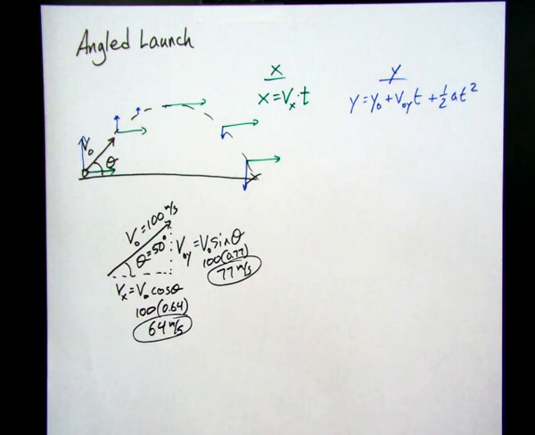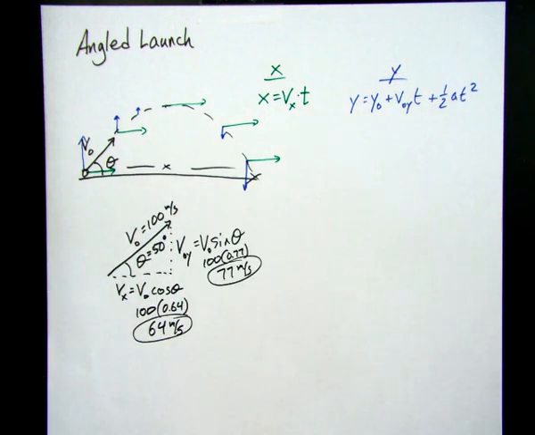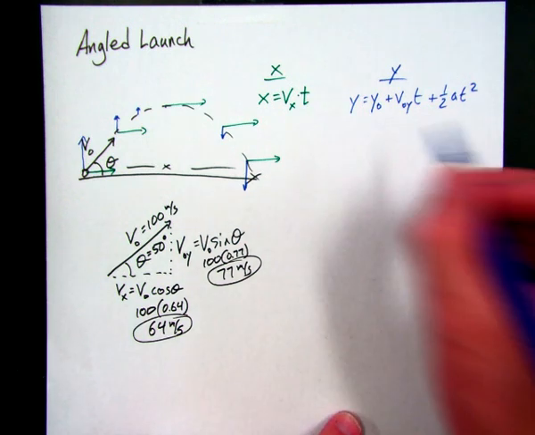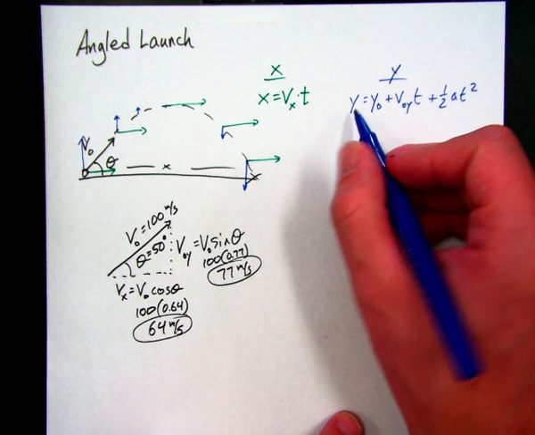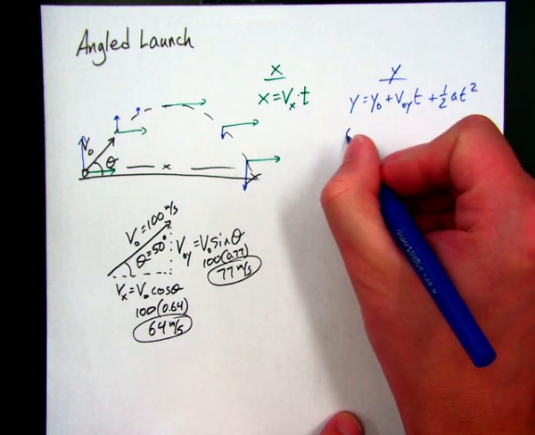If I'm trying to find how far this thing goes, some horizontal distance, often called the range, I'm going to need to find my y stuff first. So, what height does it end with? Well, I'm interested in where it lands, so it will end up on the ground.